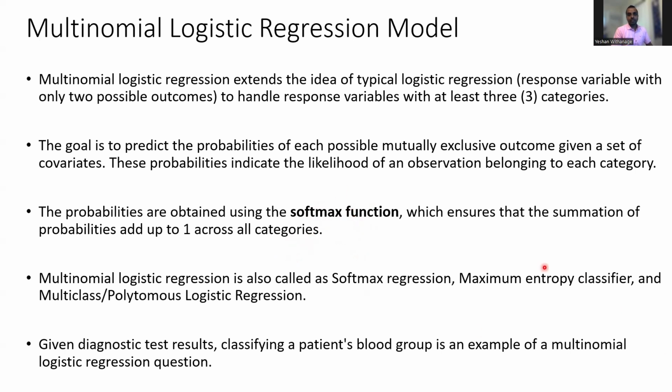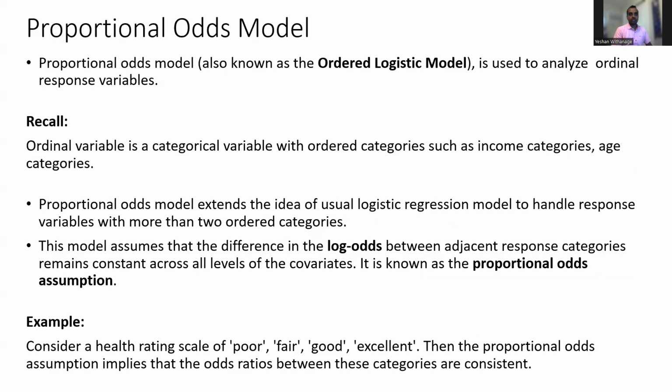For example, we can think about classifying a patient's blood group as one example of a multinomial logistic regression model. Then we can also extend the idea of the logistic regression model to ordinal response variables. Up to this point, we considered only nominal variables as our response variable.